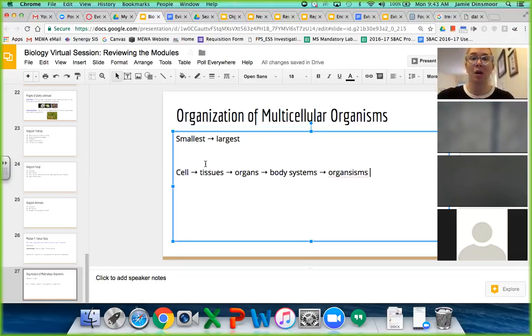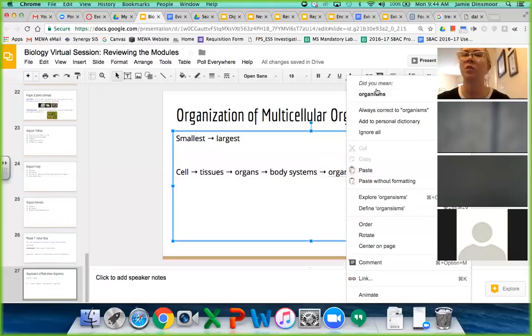So cells are organized into tissues, which means basically it's all the same kind of cell. So muscle tissue, for example, is all muscle cells working together. Organs, right? Specialized tissues: the stomach, the pancreas, the heart. Body systems: the endocrine system, the circulatory system, a bunch of organs working together to do something. And then finally, that creates the organism, which I spelled wrong somehow.